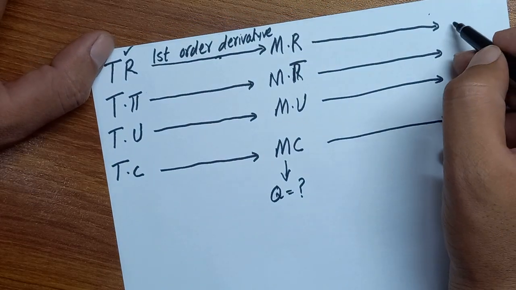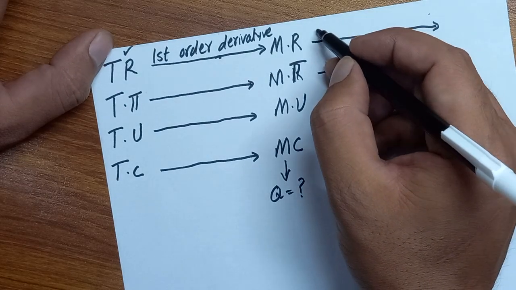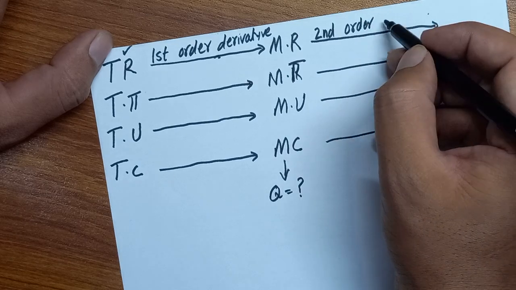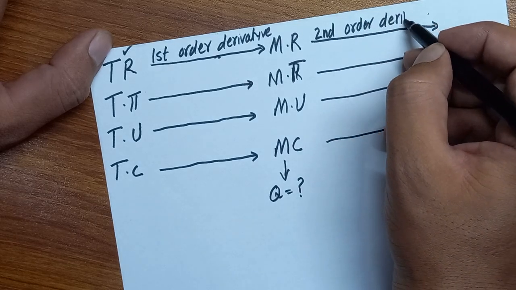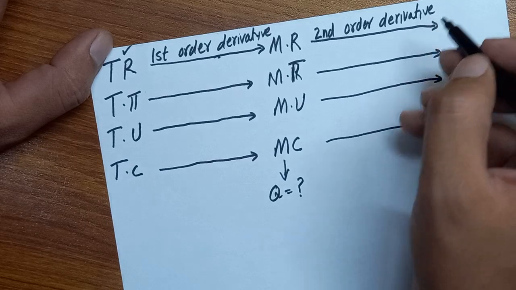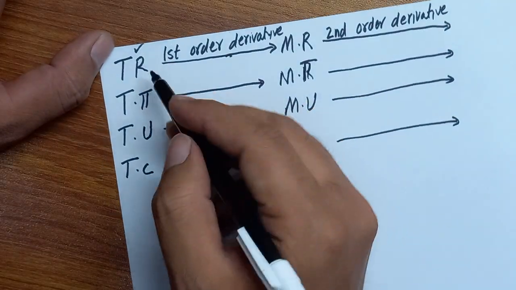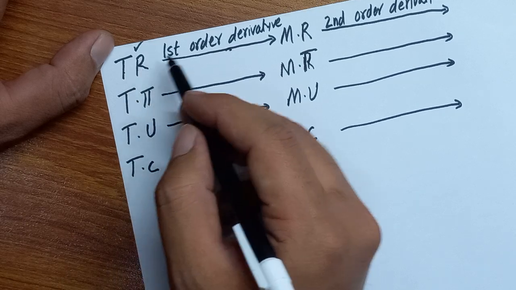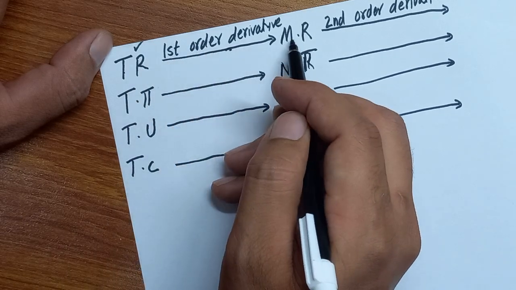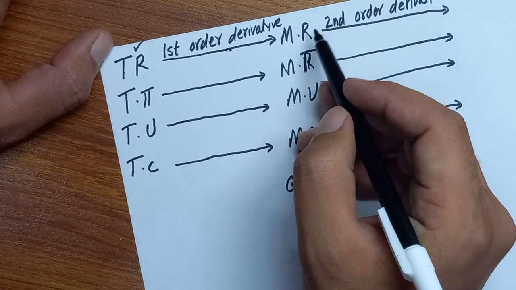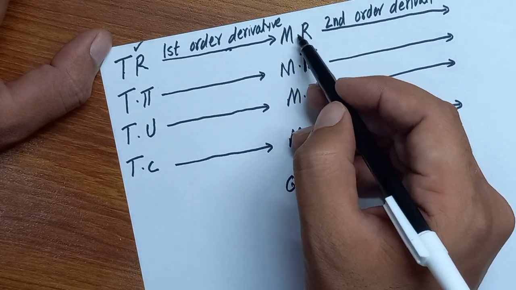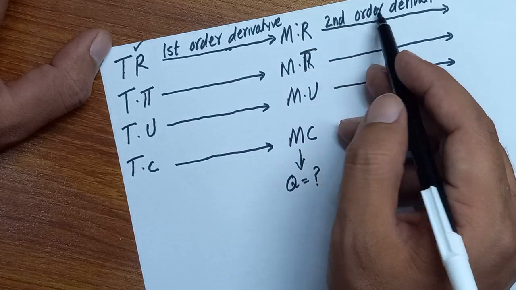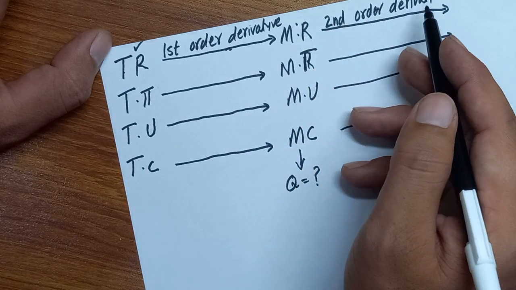So when we take the second order derivatives, it means that for the first time we take the derivative of total revenue and it will be changed to marginal revenue, and again we take the derivative of the marginal revenue, it is called second order derivatives.